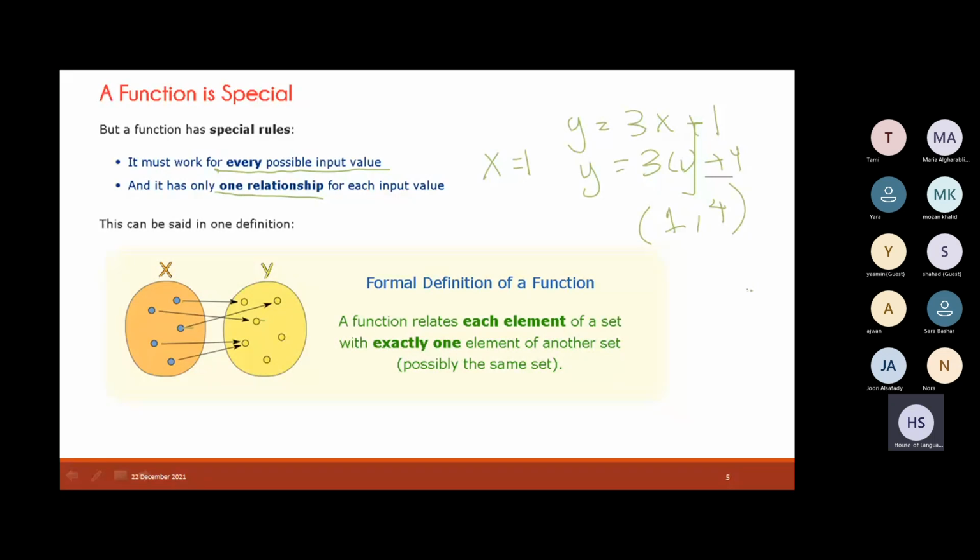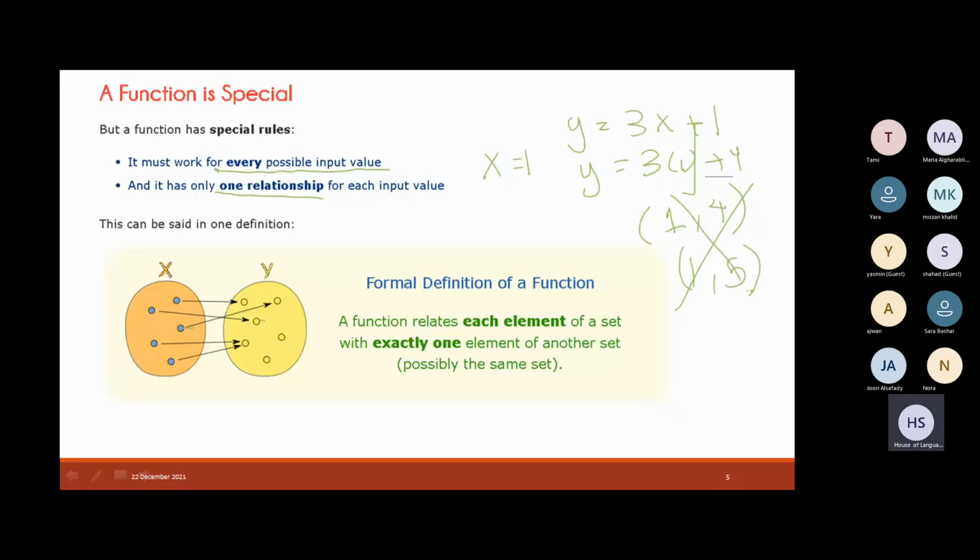So once Hala, Tamara, Tammy, Habiba, Nada, anyone solves it, they must have input 1 and output 4. But if Habiba solved it with input 1 and output 4, and as an example, 1 has an output of 5, this is not a function.